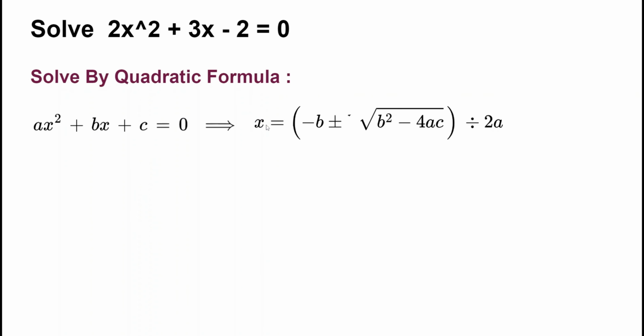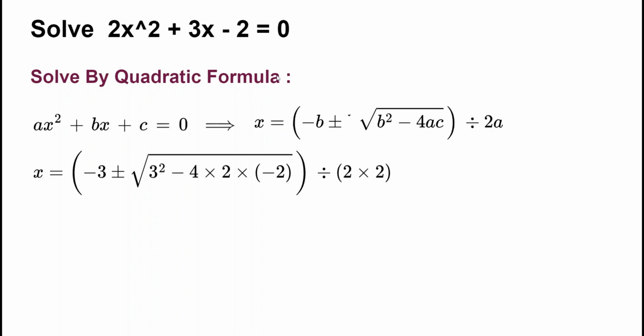So we just replace the numbers here. Here we have x, b is 3 in our equation, so minus 3 plus or minus the square root of b squared, 3 squared, minus 4, a is 2, and c is minus 2, divided by 2 times a, which is 2.